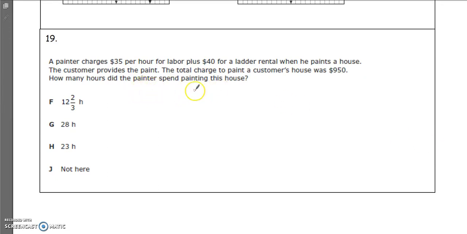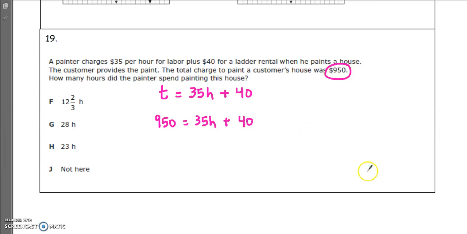Okay, so let's write an equation first. It says he's charging $35 per hour plus $40 to rent a ladder. And that's going to give the total amount, right? Okay, so then he says he's charging $950. So if we replace the T with 950, and now I have this equation, all I have to do is solve for H. So again, if we have our calculators, very simple, put it into nSolve.